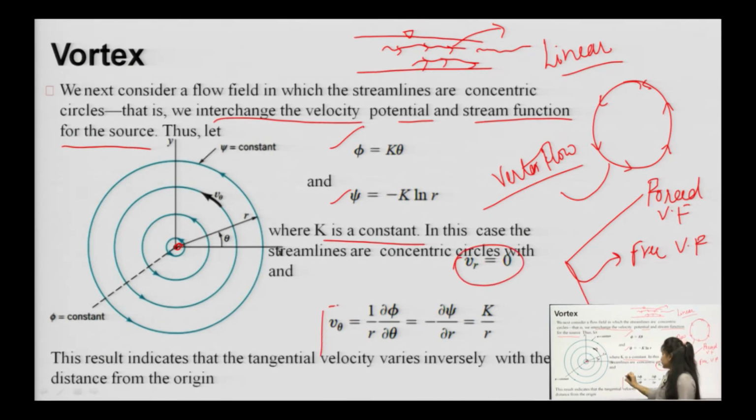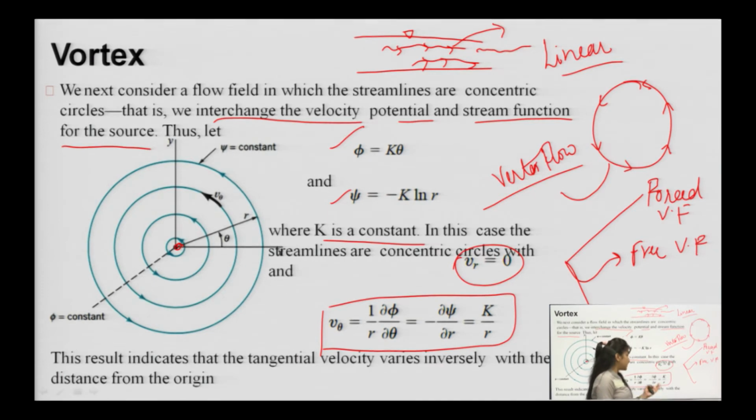For polar coordinates, the tangential velocity can be calculated as the ratio k by r, where k is a constant and r is the radius of these concentric circles, and hence you can draw n number of concentric circles with those parameters. The results represent that the tangential velocity is inversely proportional to the radius, or distance from the origin.